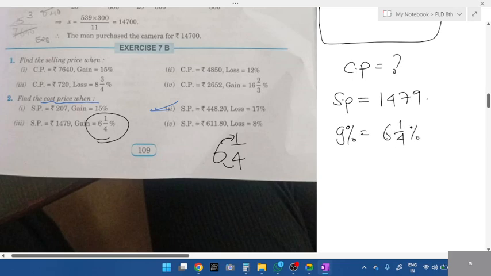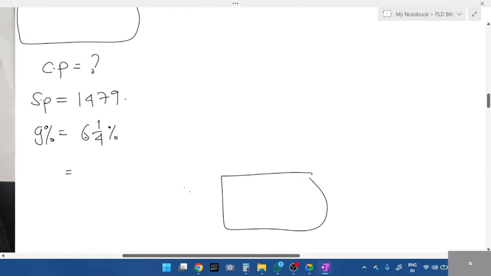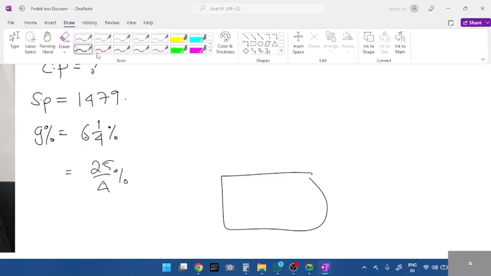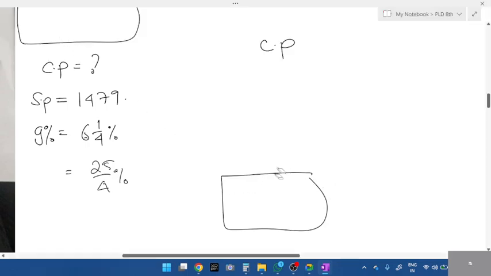Okay. If you convert that into fraction, very good, 25 by 4%. Now tell me the formula for cost price when gain percent is given.